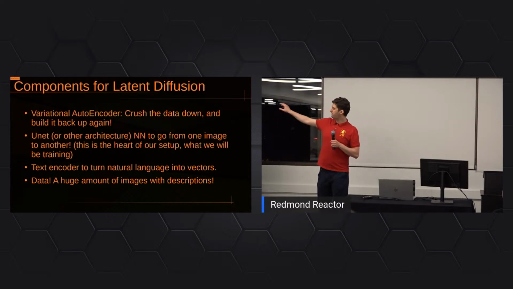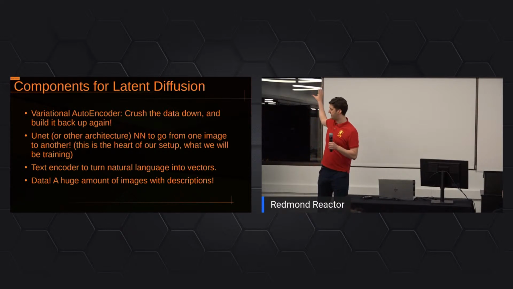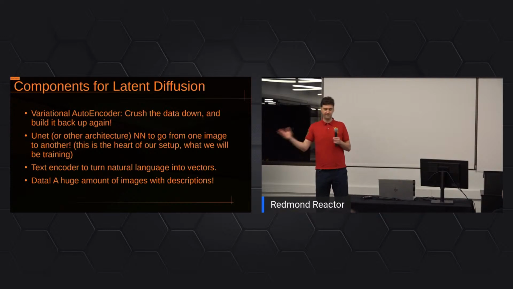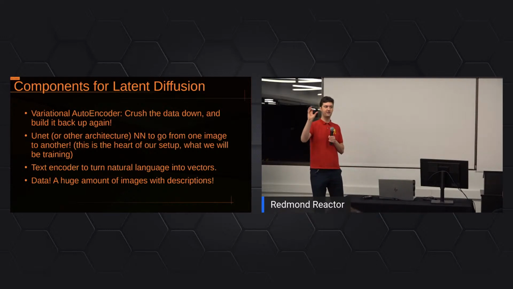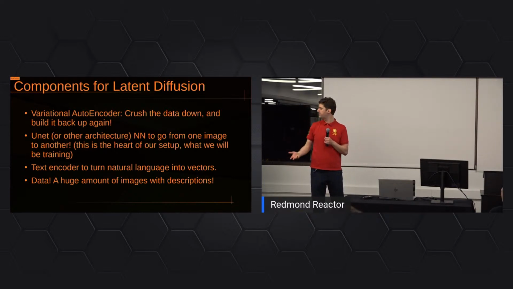So the components for latent diffusion are the variational autoencoder to crush the data down and operate on it, and then build it back up again. And then there is the UNet, or another architecture, but usually it's a UNet neural network to basically operate on each image and return the denoised or diffused output image.